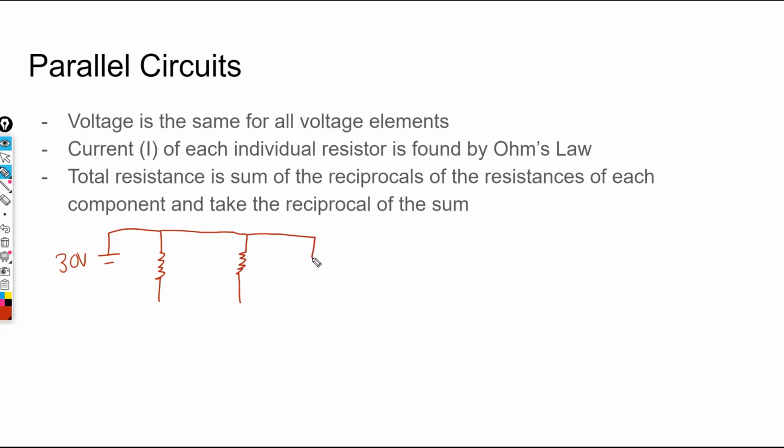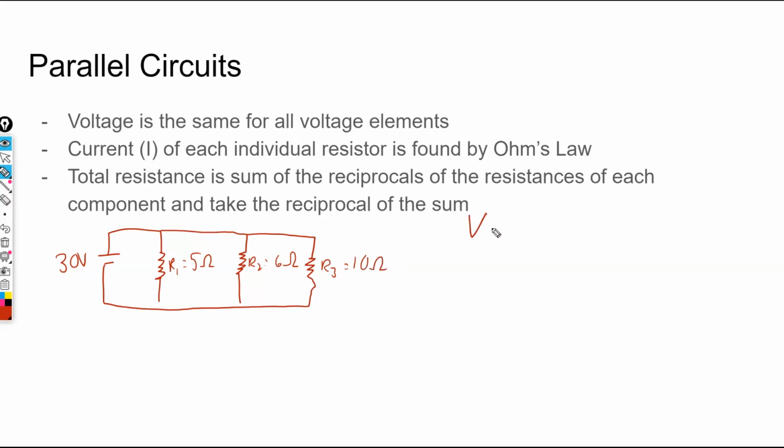And here's my third one. So now I have 3, and they're all in parallel. So let's say this is R1, which is equal to, in this case, 5 ohms. This is R2, which is equal to 6 ohms. And let's call this one R3, which is 10 ohms.